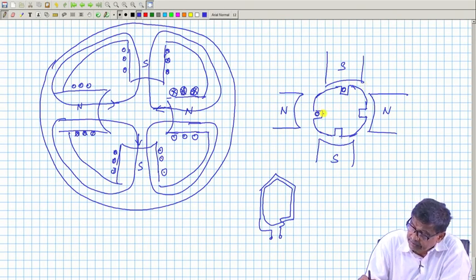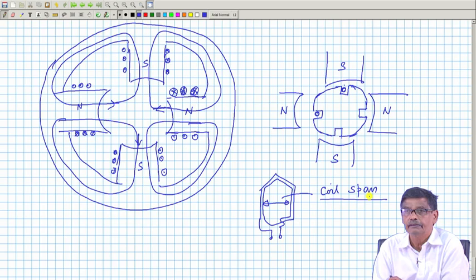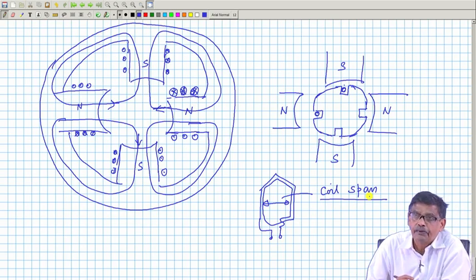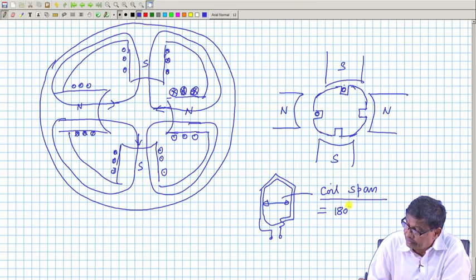Okay, so this is called coil span. Then a coil span, I will always say it should be equal to 180-degree electrical.